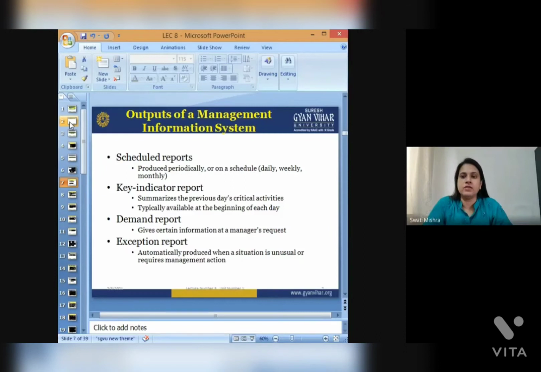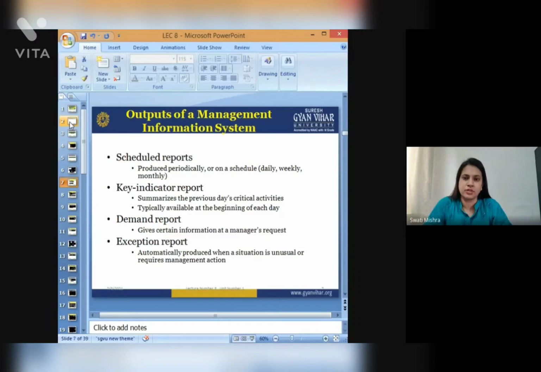And then there is a key indicator report, which summarizes the previous day's critical activities. They are typically available at the beginning of each day for everybody to analyze. Then there is the demand report, which gives certain information at a manager's request so that forecasting can be done for the upcoming periods: demand, sales, any kind of contingencies that have to be kept, or inventory that has to be managed.